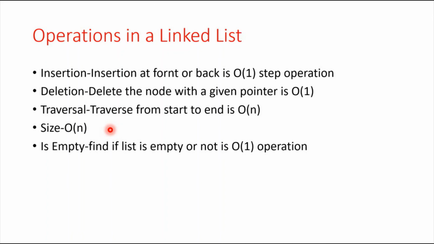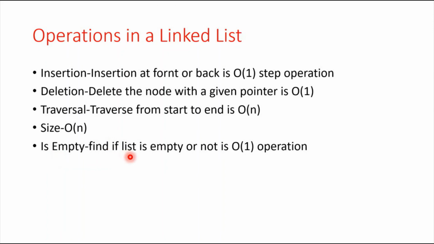If we have 100 elements, we walk through 100, and if we have n elements, we walk through all n elements. What is the size? We can also count the size while traversing. It is also a big O(n) operation, since we have to move from start to end.